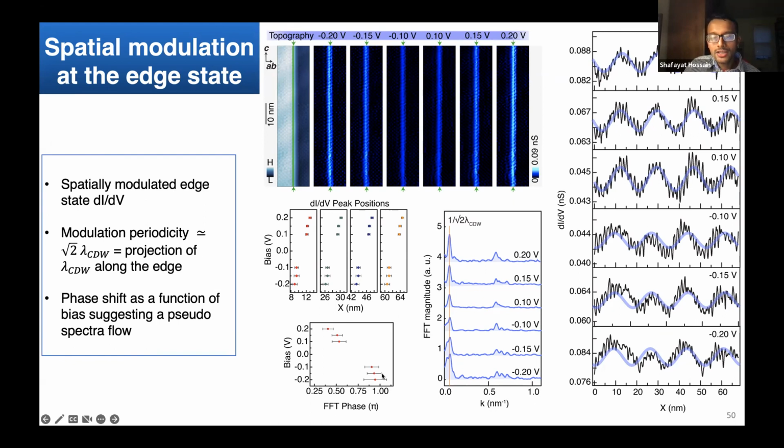From the Fourier transform, we can also extract the phase and plot it as a function of bias, and we see again this movement of the peaks. So we have two pieces of supporting evidence for the non-trivial nature of the edge state: this pseudo-spectral flow, and this periodic oscillation that matches the lambda CDW projected along the edge.